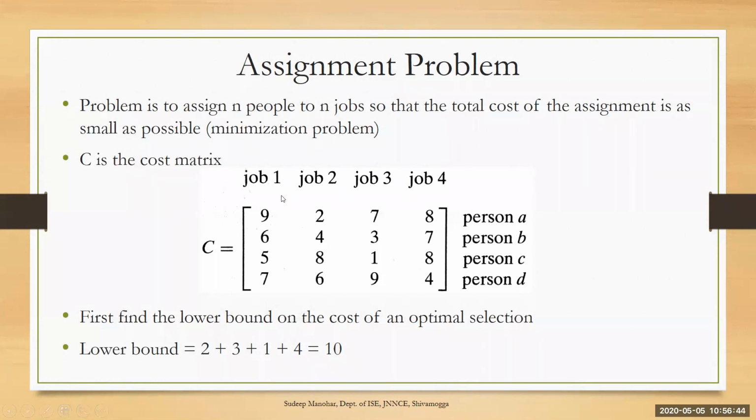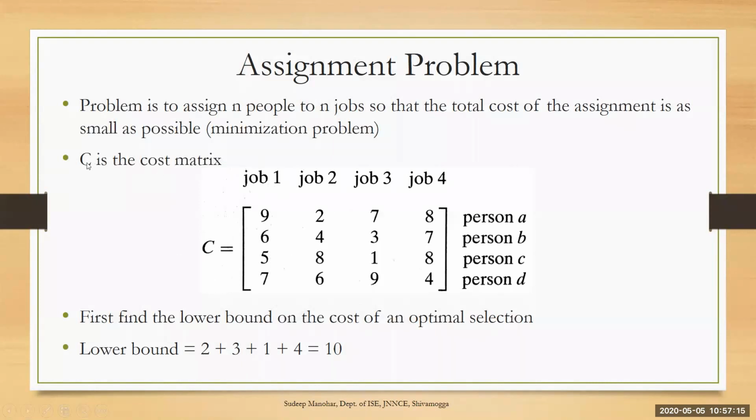The task is you're supposed to allot or you're supposed to assign the jobs for the persons so that the cost is as small as possible. That means this is an optimization problem. Specifically, it is a minimization problem because we are minimizing the cost. So that is what you should first understand. So what type of problem it is, either minimization or maximization. So the assignment problem comes under minimization problem.